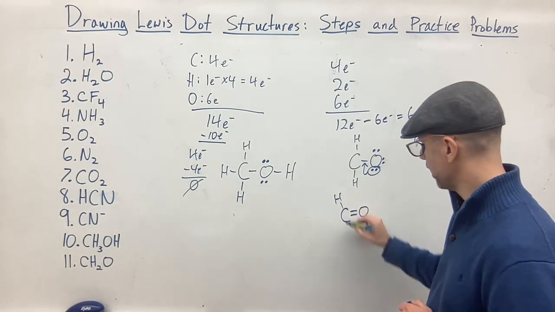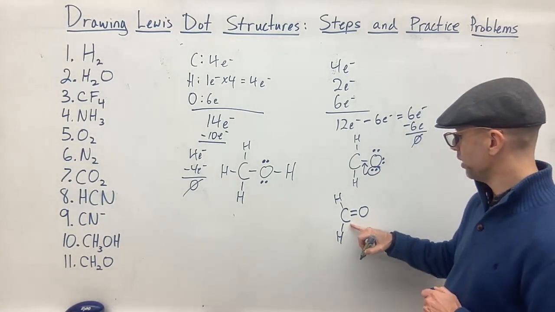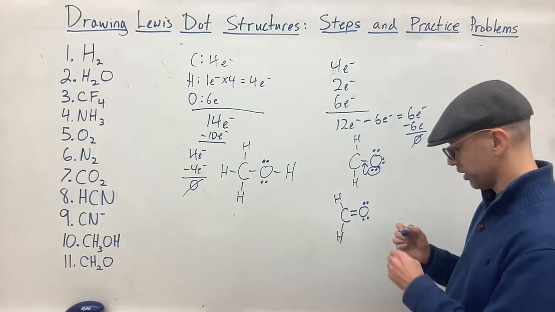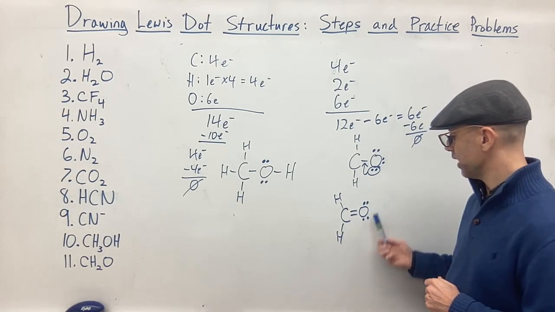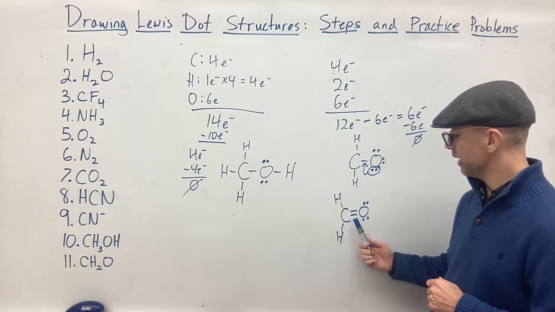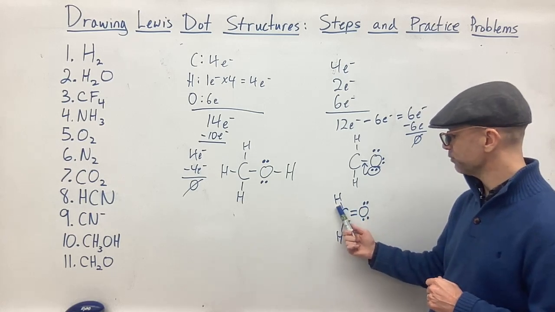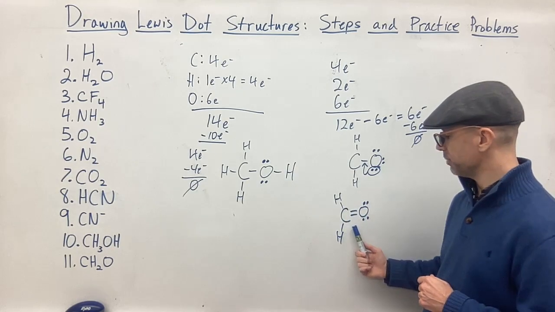I have the hydrogens here on my carbon, and I have 2 lone pairs left on my oxygen. So now you can see that oxygen is still happy with an octet. It's got 2 lone pairs, that's 4. It's got 2 bonds, that's 2 and 2, that's 4, that's a total of 8. And now carbon has 4 bonds, and that's 8 electrons. So now carbon is happy.